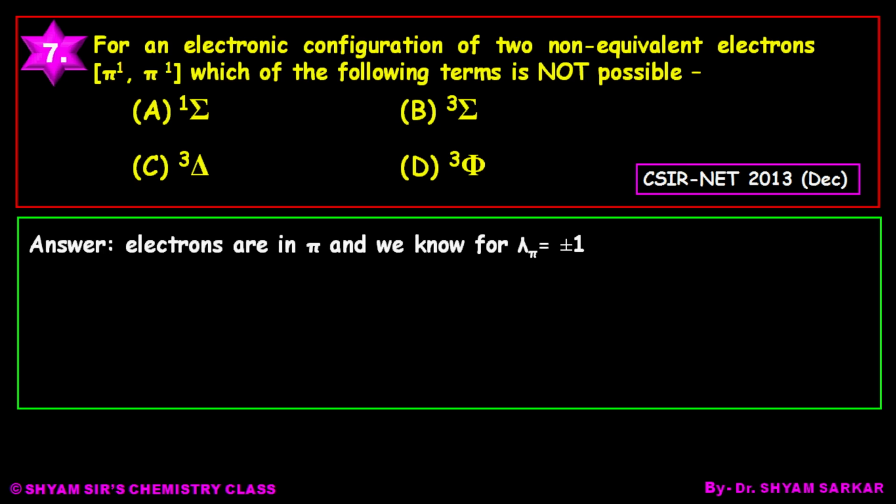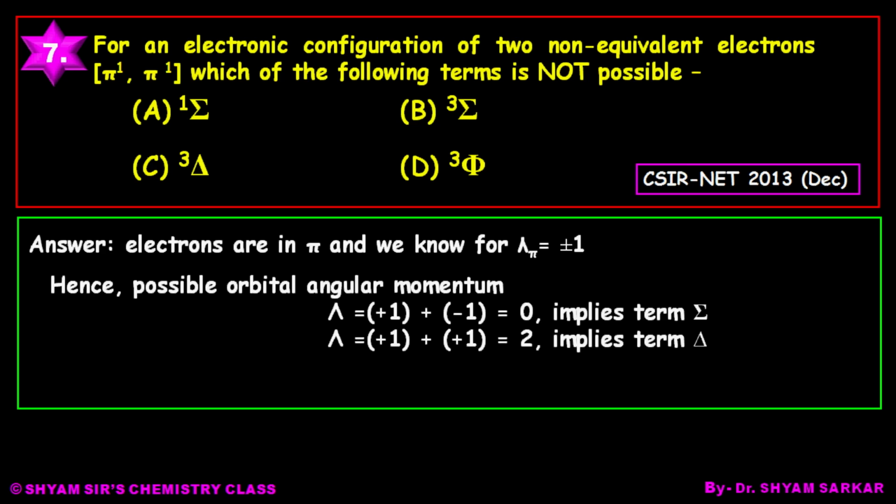So the total angular momentum, that is capital lambda, will be plus 1 and minus 1, that is 0, and plus 1 plus 1, that is 2. If capital lambda is 0, then the symbol will be sigma, and if capital lambda is 2, then the symbol will be delta. Now from this you can say the answer.